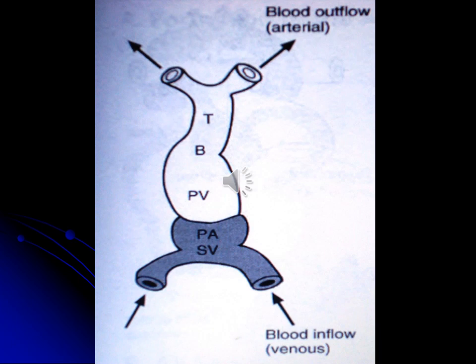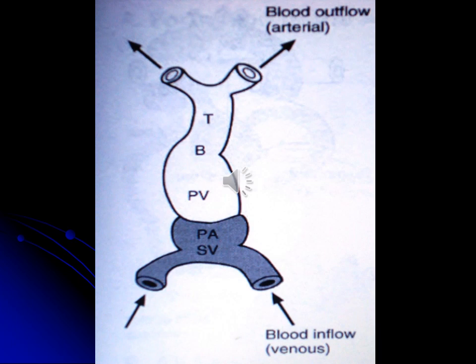Well, this is a diagrammatic representation of the heart tube and the changes taking place within the fused primitive heart in the middle. This is the cranial end and this is the caudal end, and the cranial end that is beyond the truncus arteriosus is called the arterial end.